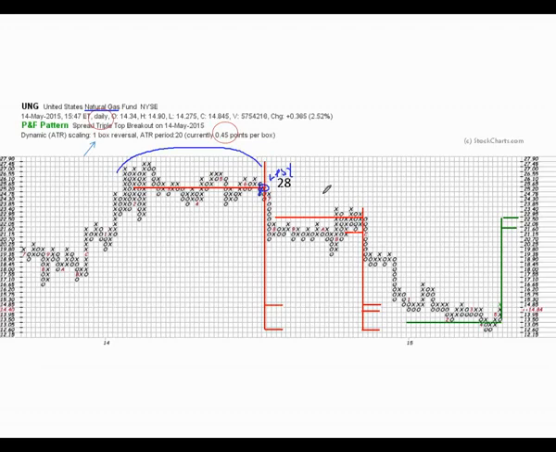But that last point there is the last push up before the markdown out of the range, where natural gas just goes into a big downtrend. So this is all preparatory for that markdown.